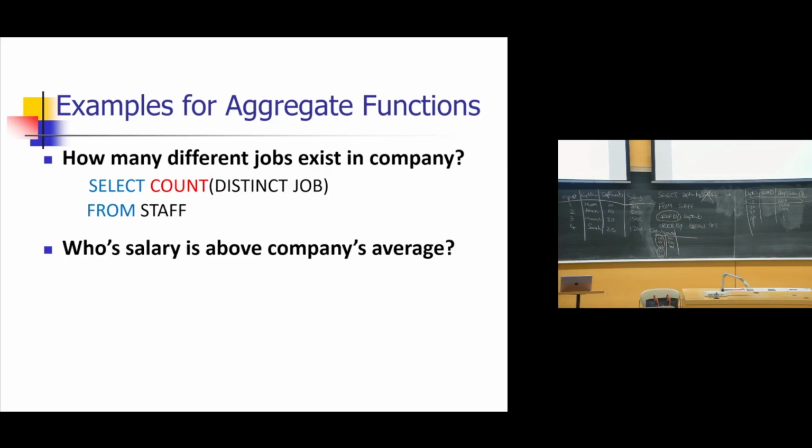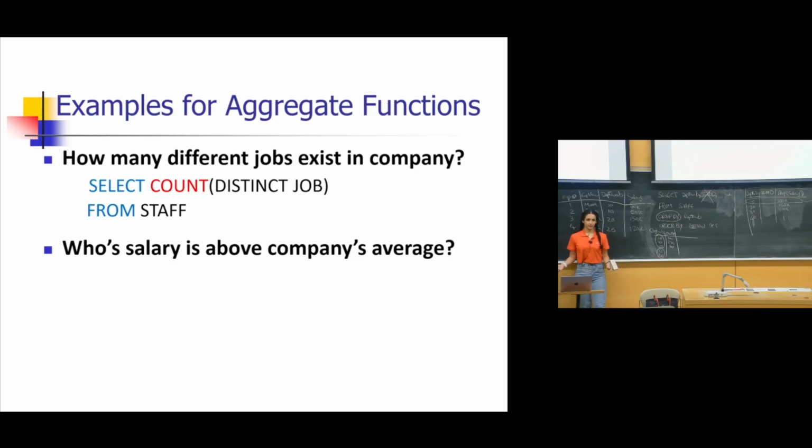And now, this one is more interesting. Whose salary is above company's average salary? So how do you answer this question? First of all, if you want to find the staff whose salaries are higher than the company's average salary, what should you find first?